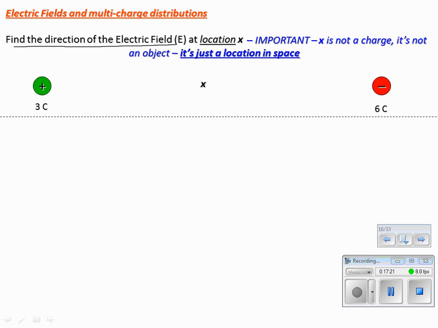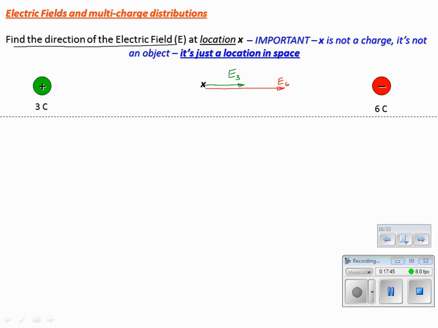If we look at the field created by the green charge over here, that's a positive charge. Fields point by definition away from positive charge. We'll call that E3. The red 6 Coulomb charge over here is a negative charge. Fields by definition point toward negative charges, E6.